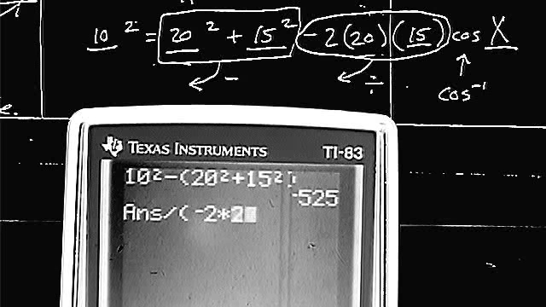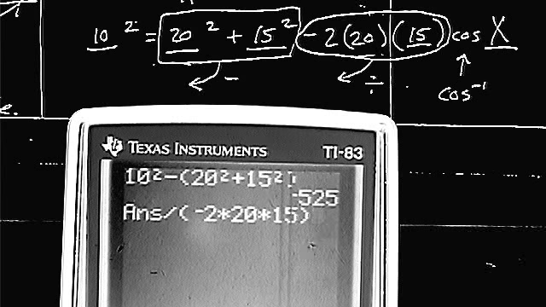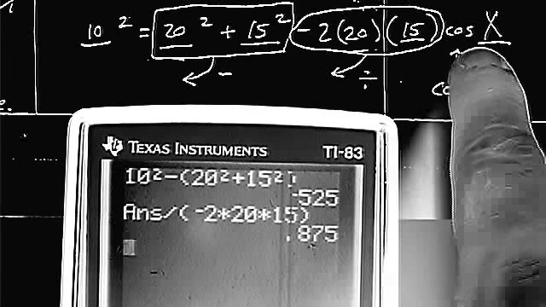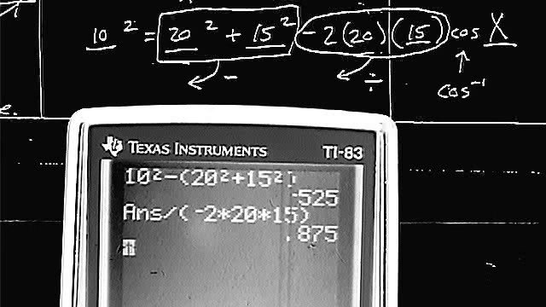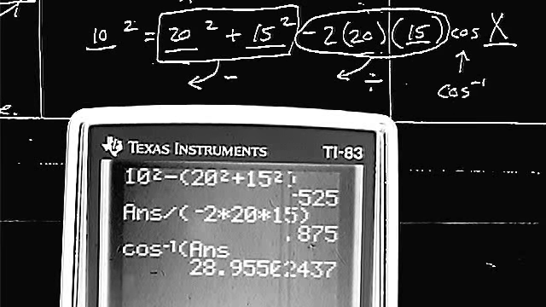Negative 2 times 20 times 15. Use parentheses around these chunks of information that you're taking to the other side. That way you don't make a mistake. So the cosine of x is equal to 0.875. And we can invert the cosine to find my answer. 28.96 degrees.